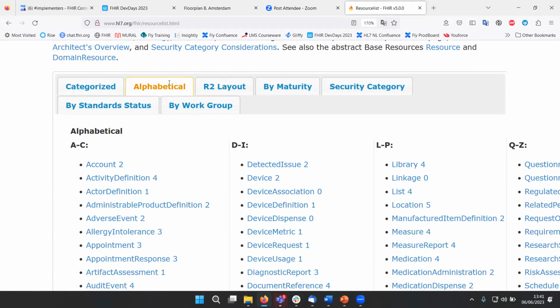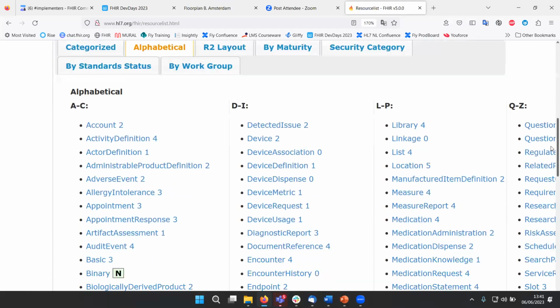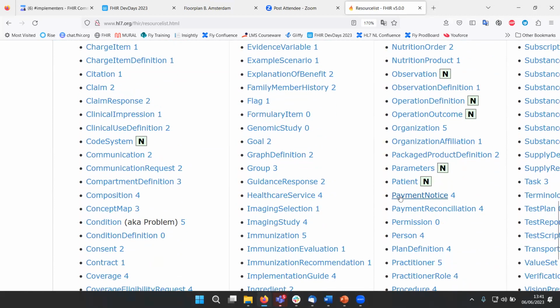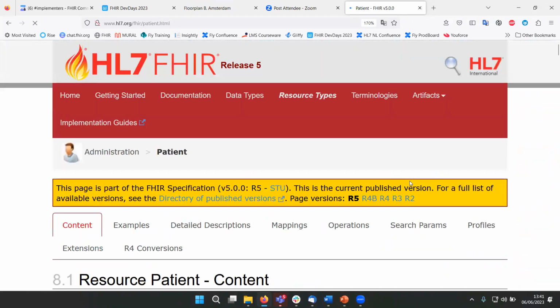But now they're recognizing the fact that some of these are maturity level 0, which means absolutely alpha, can change anytime, can be dropped tomorrow, up to N, and N means that it's normative, which means it's stable. You cannot make any backwards incompatible changes to it anymore. Now, the example that we tend to use in such presentations is patient.